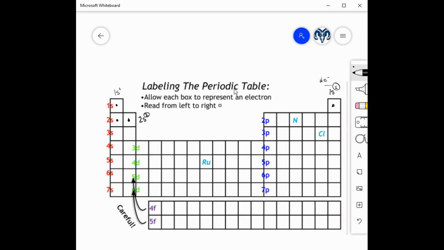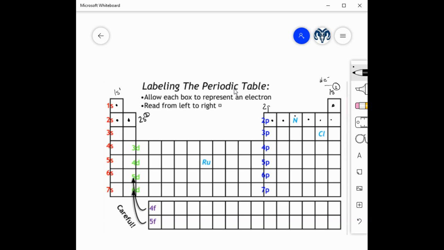Now, when I come over here, again, each box is an electron. But now we're in the P block. This section right here is the P block. It doesn't include this one, so just these 6 elements. We're in the second energy level, so 2.